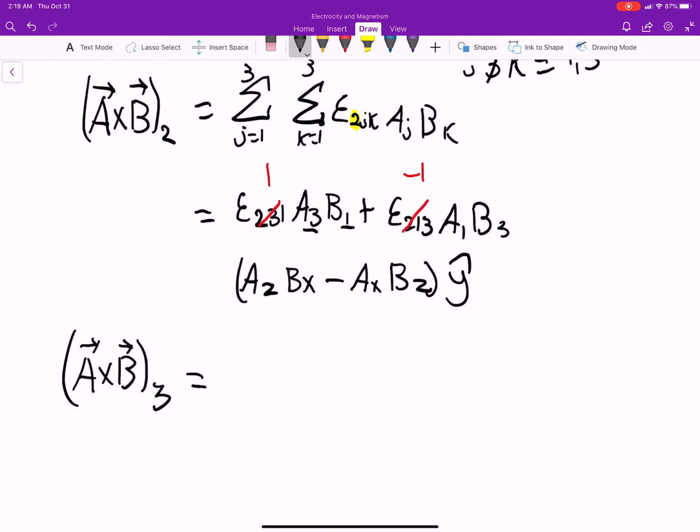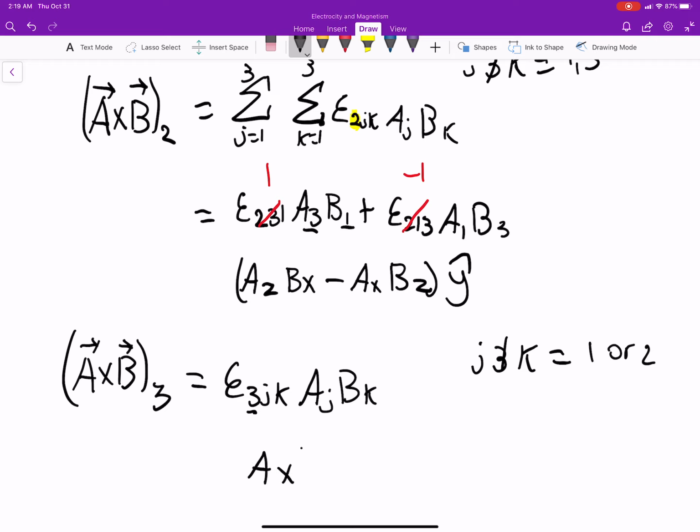Well, we know it's going to be this. There's a sum. I'm not even going to write it because let's be a little practical here. Again, this is 3, so j and k must be 1 or 2. Go ahead and try it, and you'll see you'll end up getting AXBY minus AYBX. So hopefully that helped, and hopefully it makes more sense.